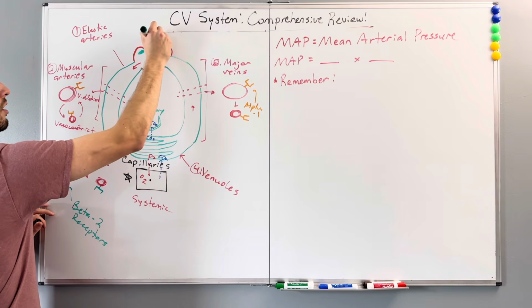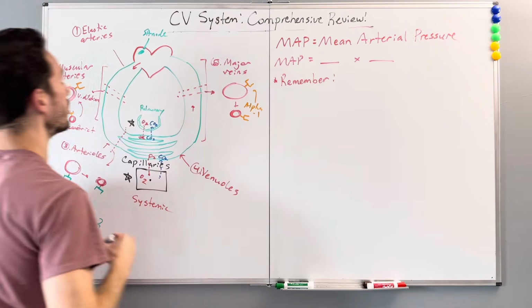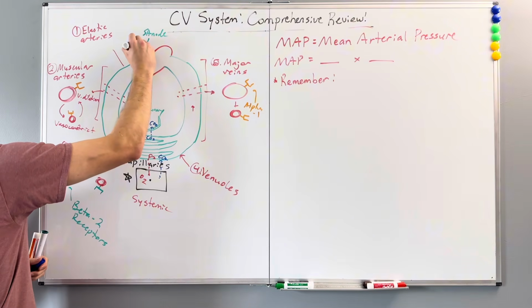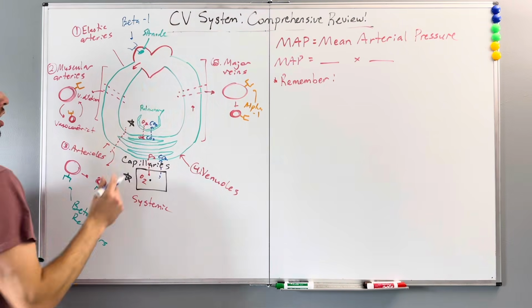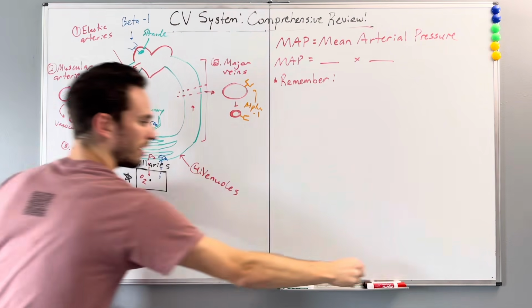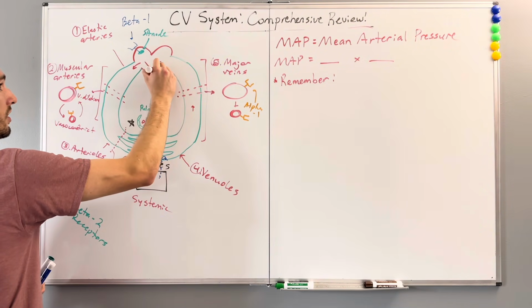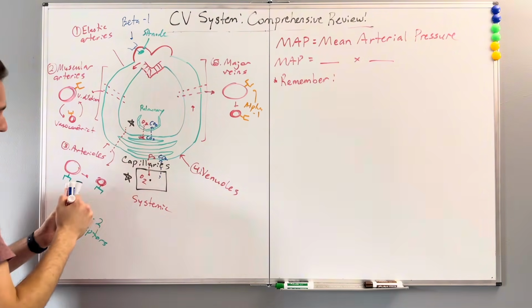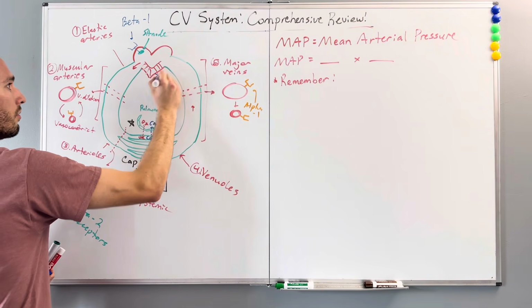And the SA node contains beta-1 receptors. I'm going to draw a new receptor. This will be a beta-1 receptor. And then finally, on the heart muscle tissue itself, so think about the myocardium, the muscle tissue of the, specifically the left and right ventricles, but also the atria, we will also have beta-1 receptors.